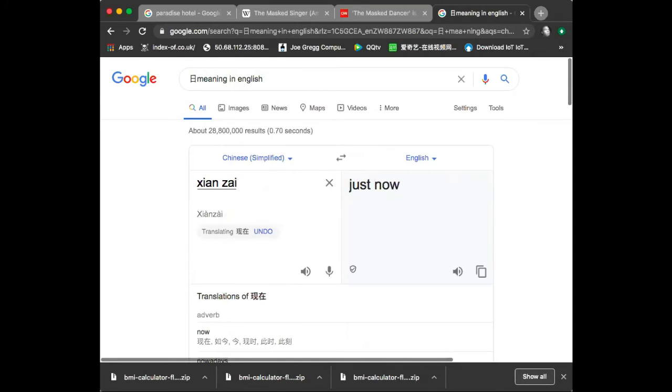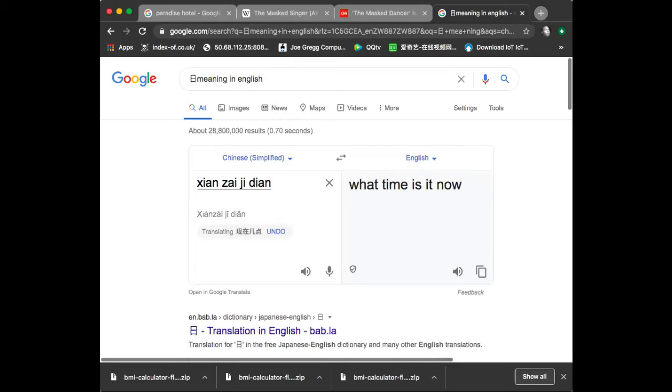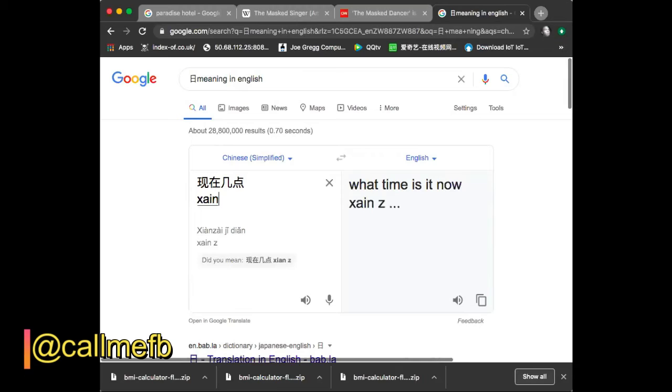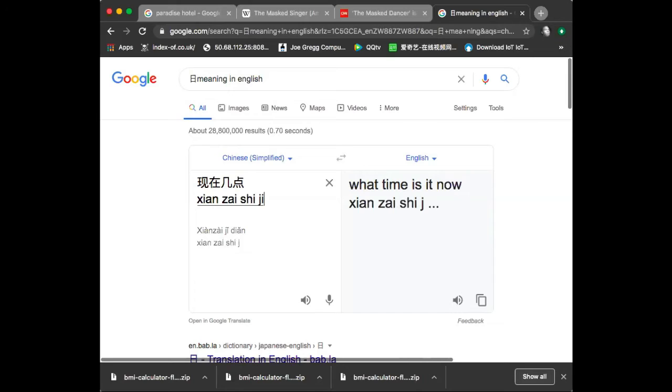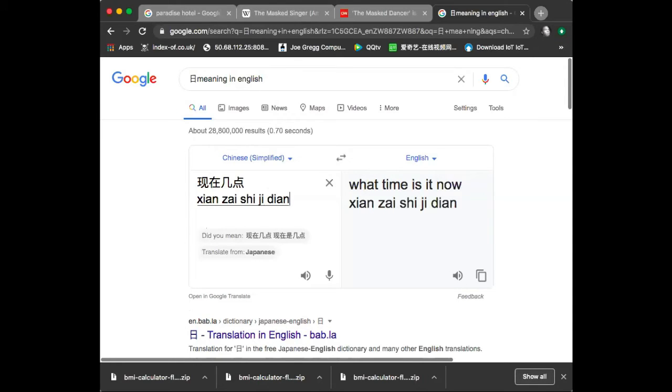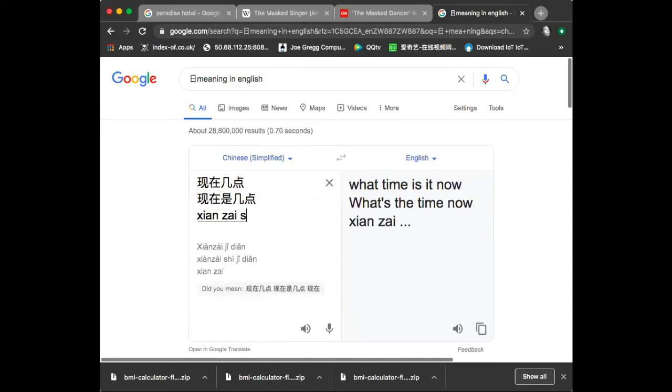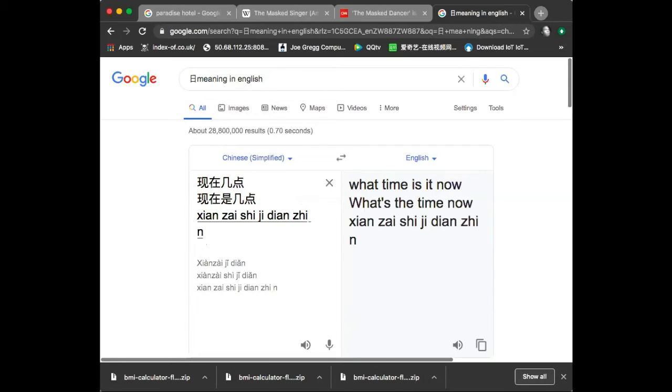现在几点? The first part. 现在是几点? That's the second one. 现在是几点钟?